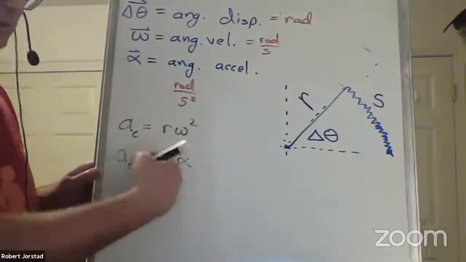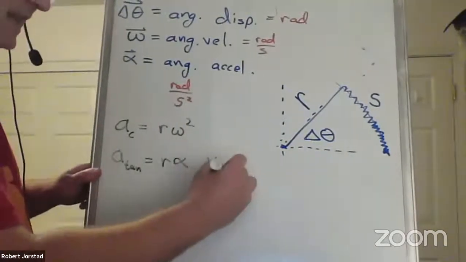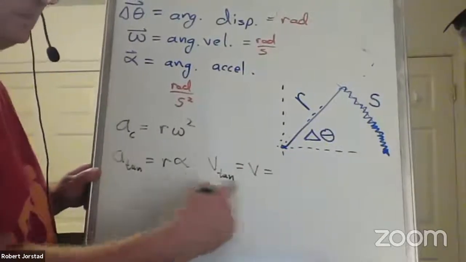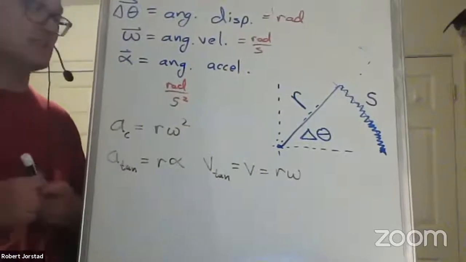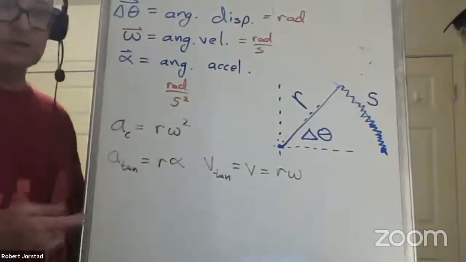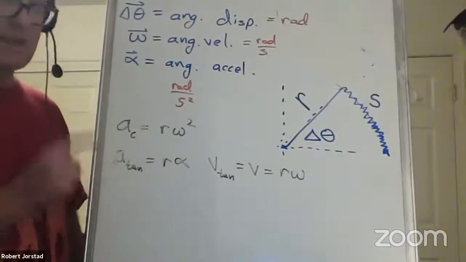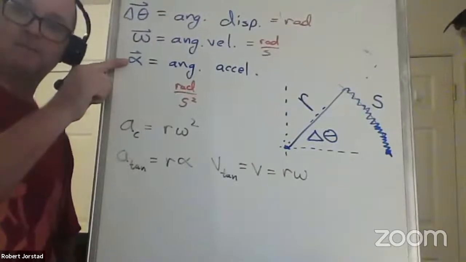Alpha is fish swimming left, okay? And similarly, we know that the tangential velocity, or sometimes we just call it V, is equal to R omega. The idea is, as this thing is moving around, we could talk about the acceleration towards the center and tangent to the circle if we understand how it's moving and can figure out alpha.